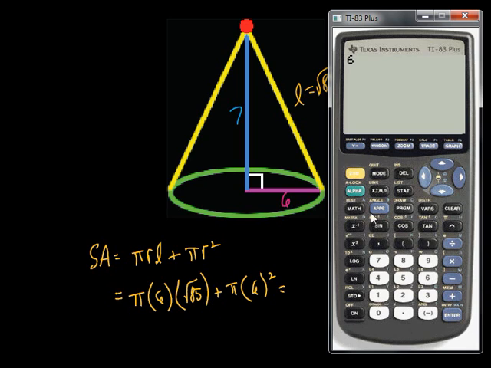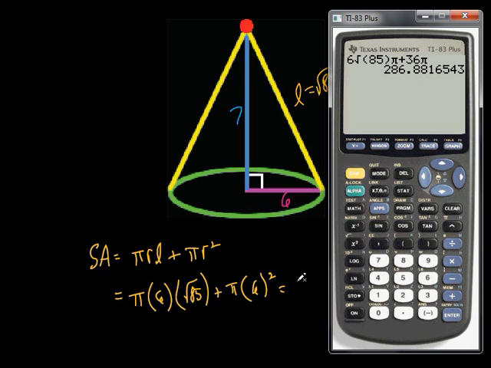So let's do this. We got 6 times the square root of 85 times pi right there, plus 36 pi, like that. Hopefully we'll get the right answer.